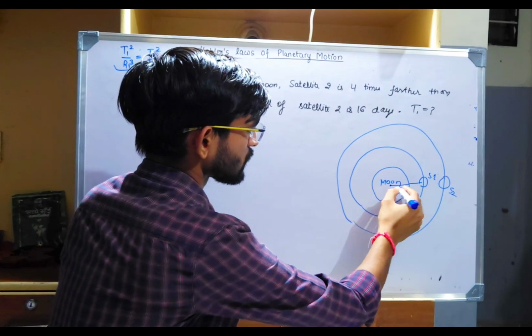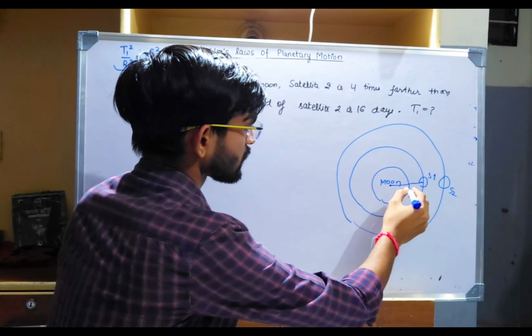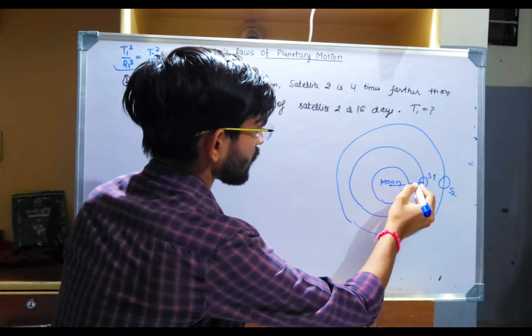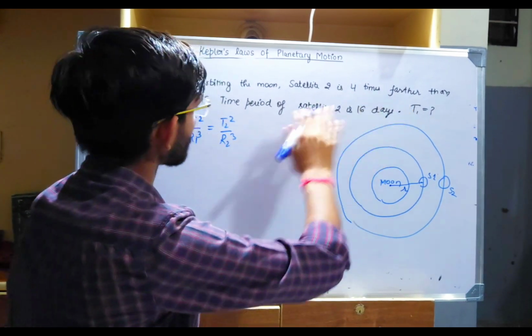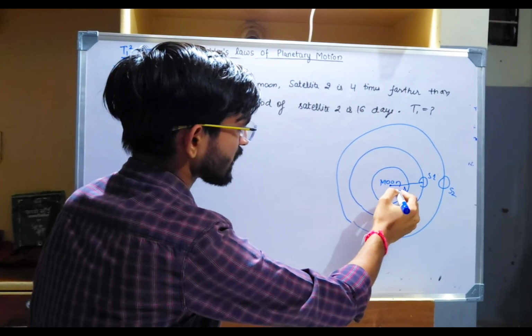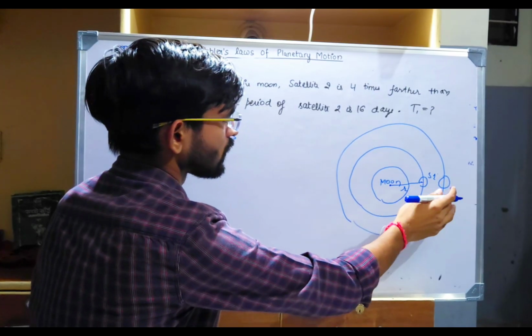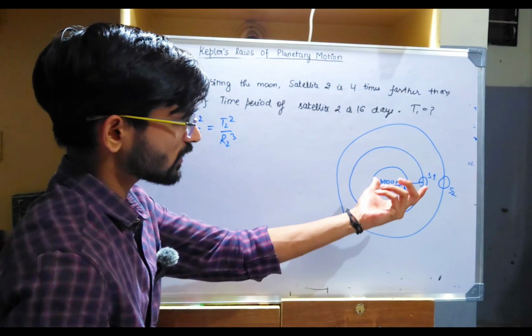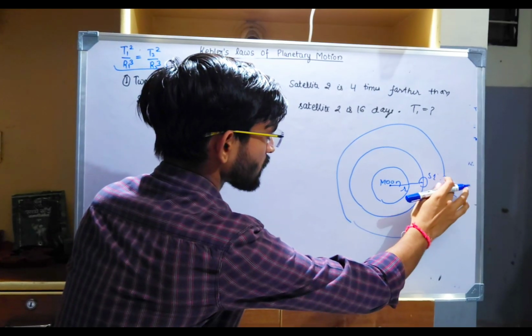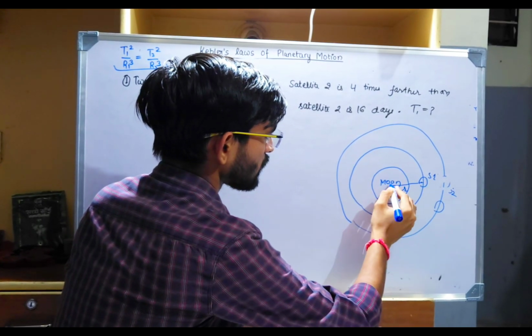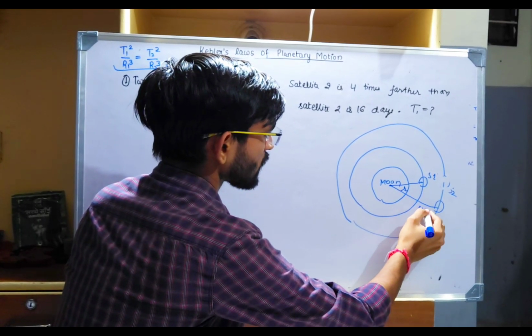Suppose this distance I am taking as r. Satellite 2 is 4 times farther than satellite 1. If the distance between satellite 1 and the moon is r, and satellite 2 is 4 times farther, then this distance will be 4r.